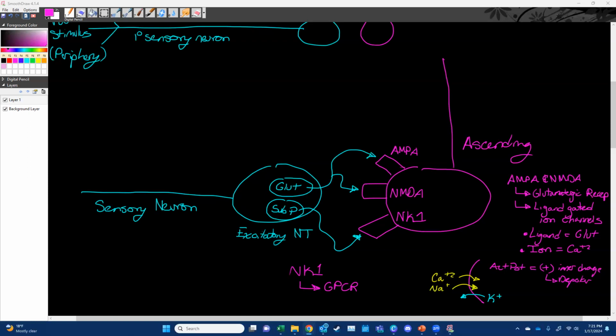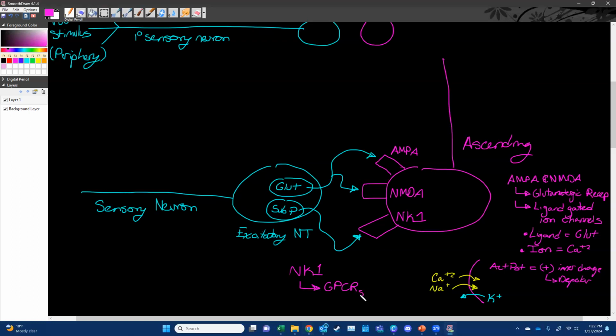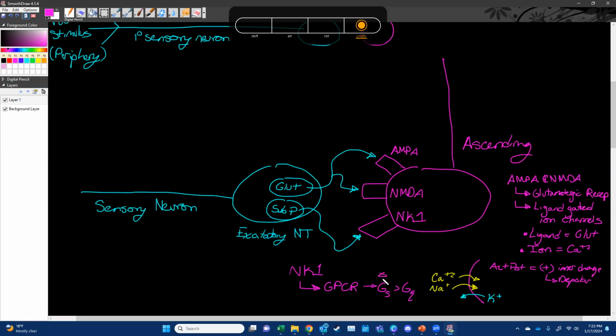So, I'm just double checking my work. Yeah. So some of them are GS. I would say the majority of them are GS. Some of them are GQ, depending on where they are in the body. But if you have to think about what kind of GPCR the NK1 receptor is, think GS.